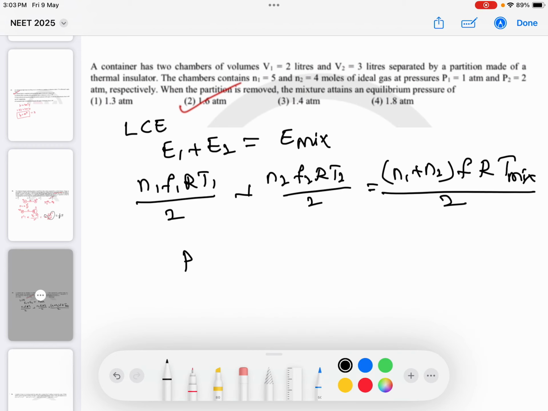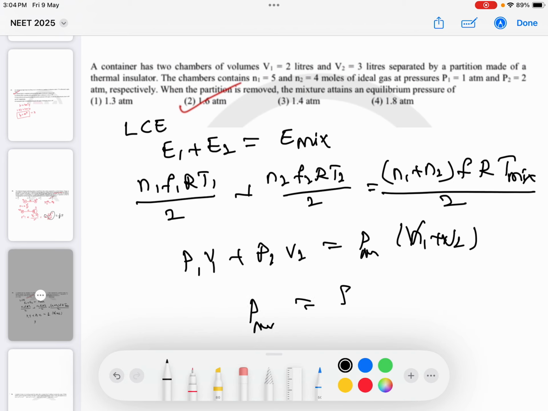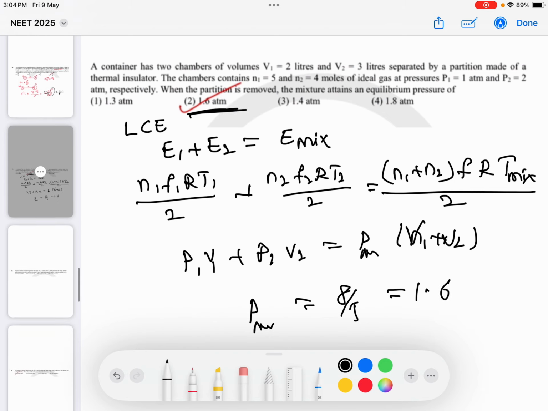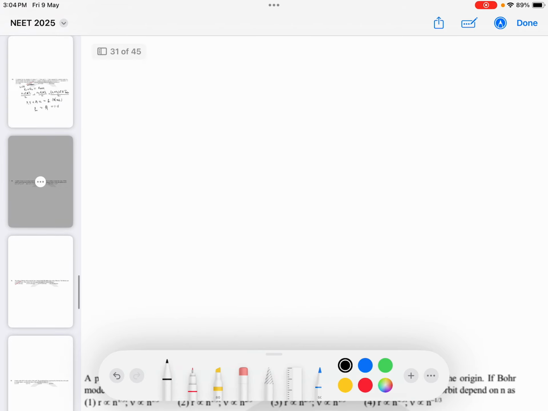So this can be written as P1 V1 plus P2 V2 is equal to P mixture into V1 plus V2. Finally you get the pressure of the mixture equal to 8 by 5, which is nothing but 1.6 atmosphere. Option number 2 is your answer. And next question.